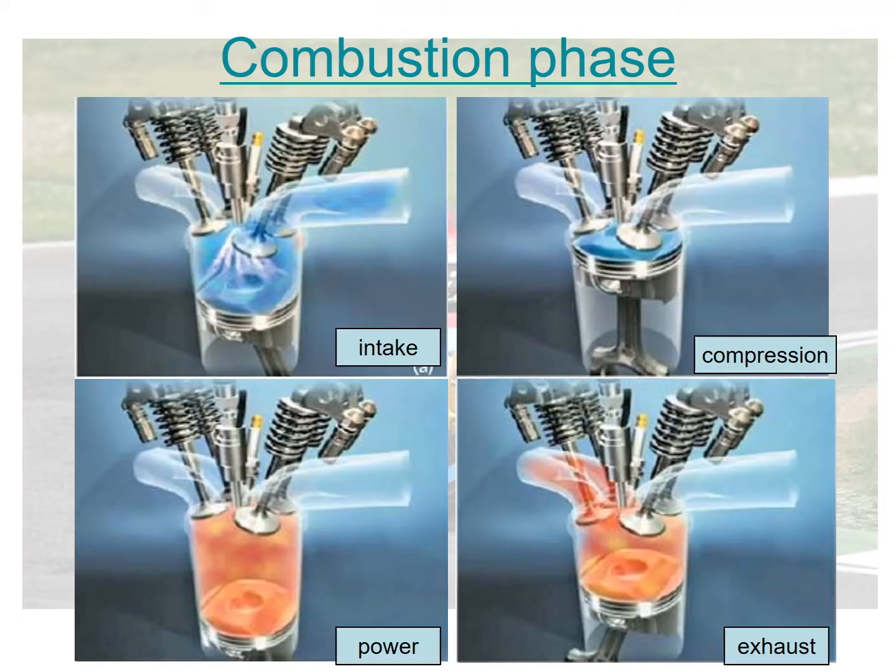Okay, let's see about the engine. Inside the engine, as I think most of you know, we have the 4-stroke engine. The first stroke is the intake stroke, where you put the fuel and air and mix it into the combustion chamber. So this is called the combustion chamber. And after the fuel and air have been mixed in the combustion chamber, the piston will go up and compress this mixture.